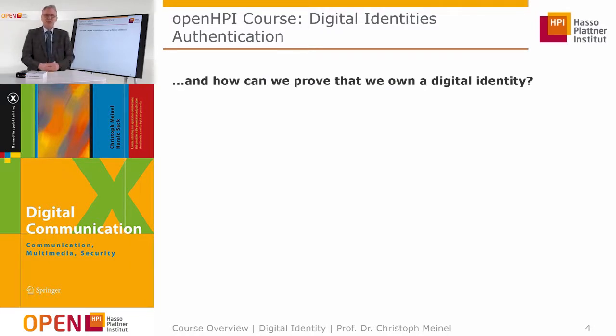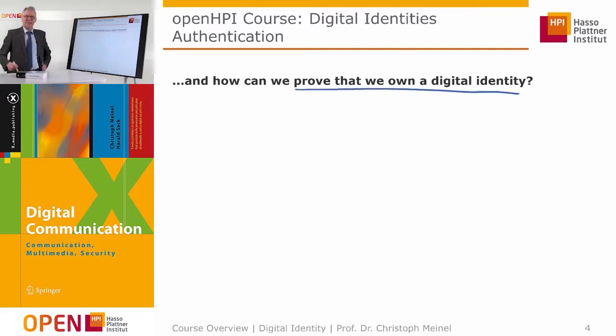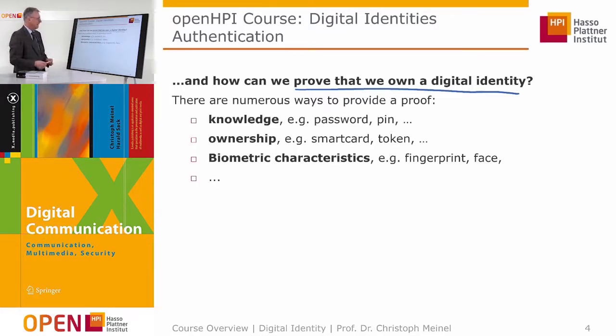When we want to use a web service, we have to prove that we own such a digital identity, that this is our data, this telephone data and this email data and others. There are numerous ways to provide such a proof.